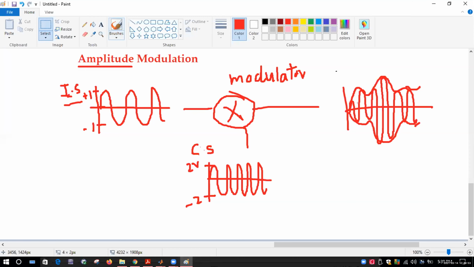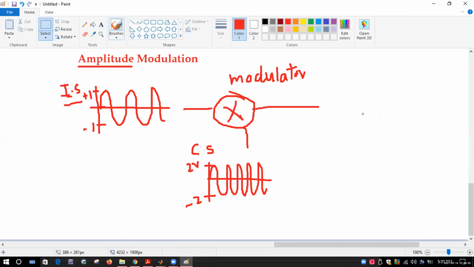You know, if in this modulator I for example remove this one for a while, what will be the output of the modulator? Will there be any changes in the amplitude? No. But when I use the information signal, what happens? This carrier amplitude gets changed.